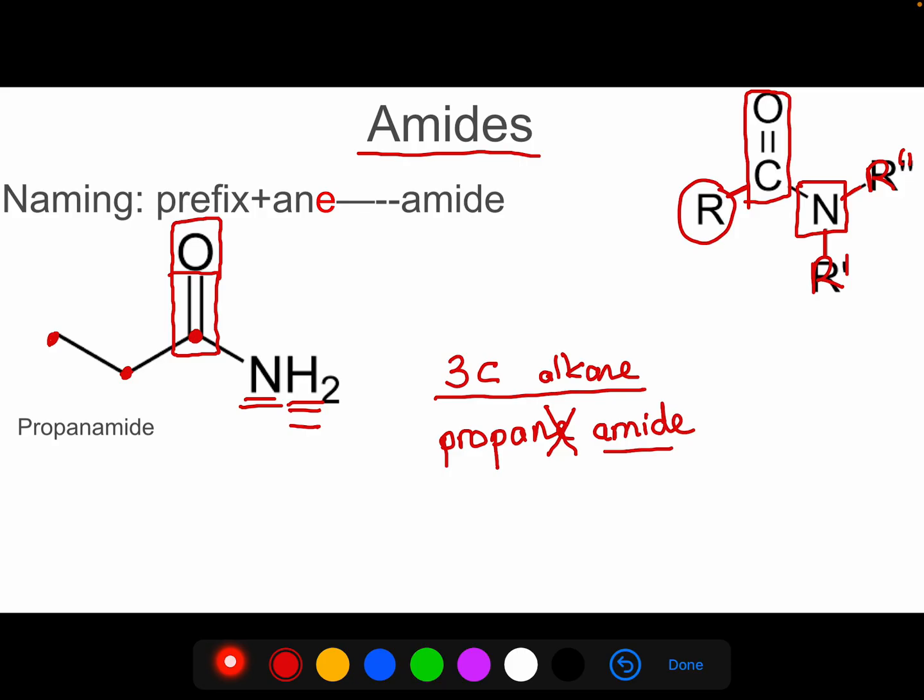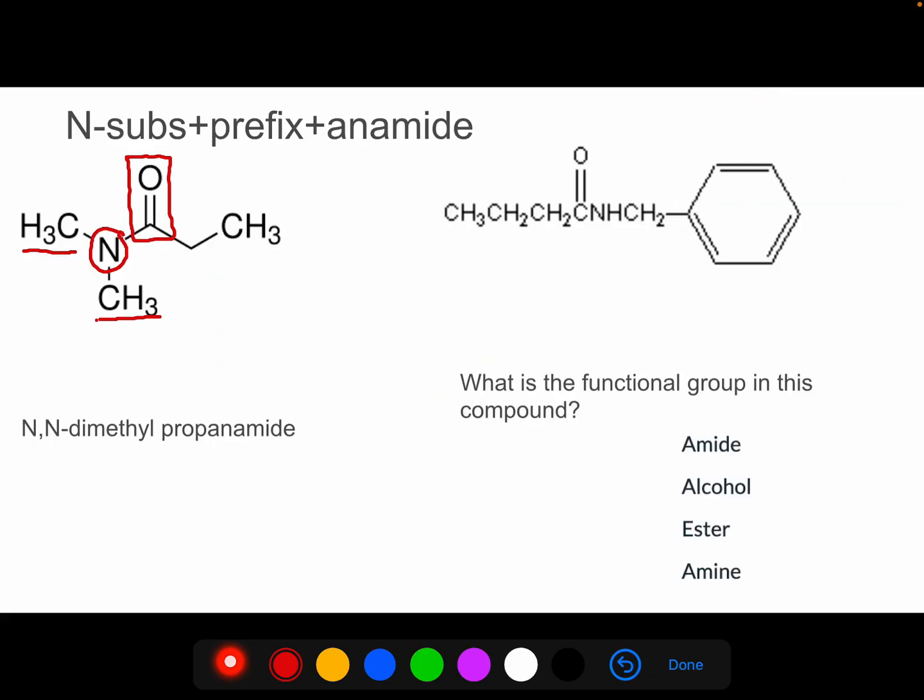On the previous one, we had only hydrogen attached to a nitrogen, so we didn't say anything. On this one, we have one methyl group here, right? One carbon is methyl. The other carbon is also methyl because it's a one carbon molecule, methyl. So there are two methyls attached to the nitrogen.